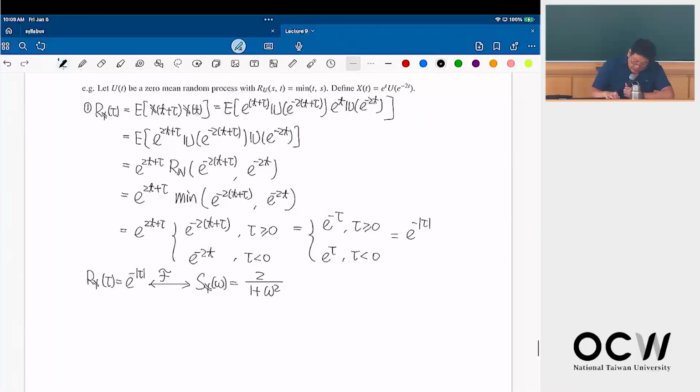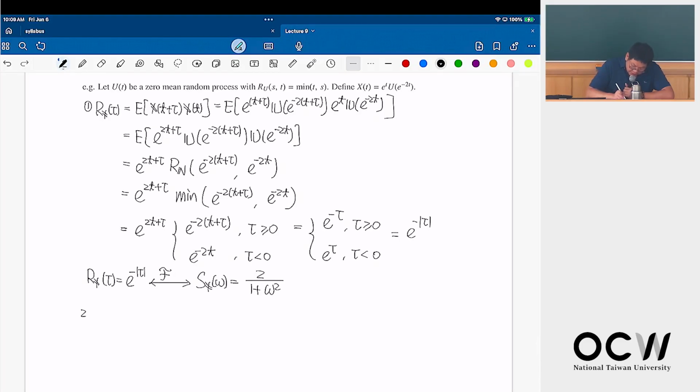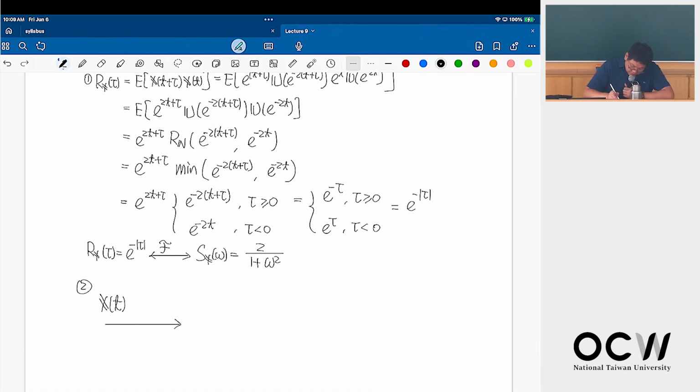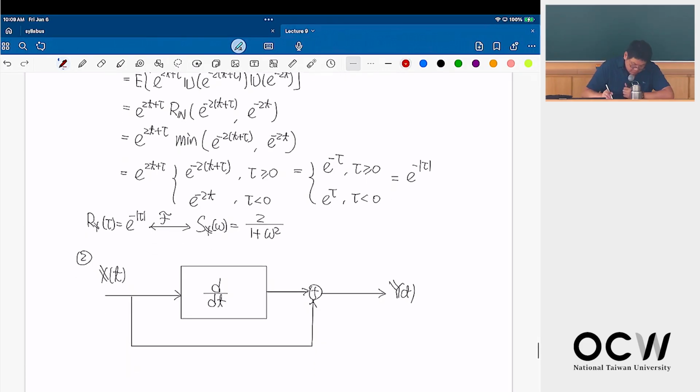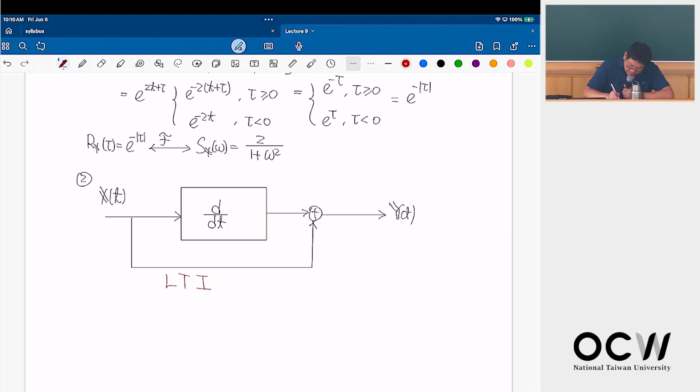If I send the x to the linear time invariant system in this form, d over dt, and this is a linear time invariant system, then I want to find the autocorrelation of y.